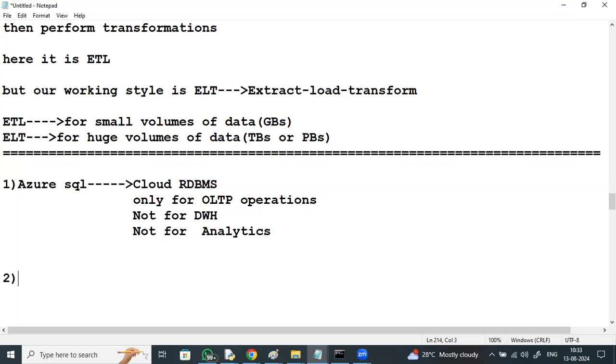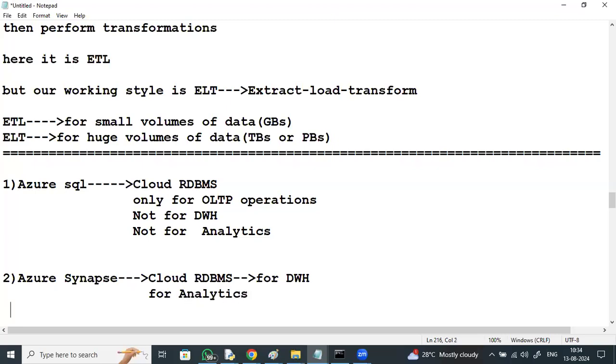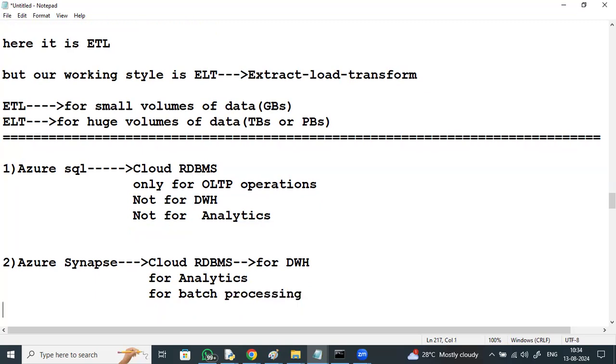Next, Azure Synapse, a cloud DBMS for data warehouse, for analytics, for batch processing and parallel processing.